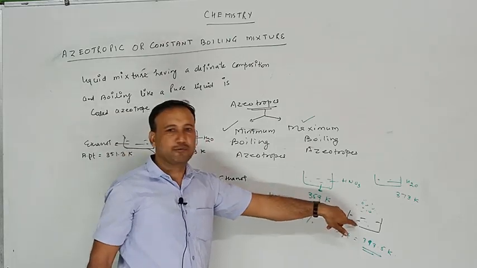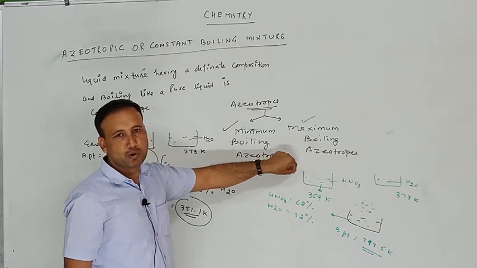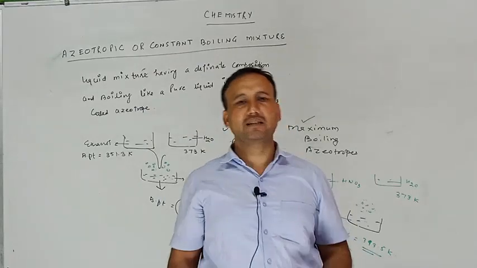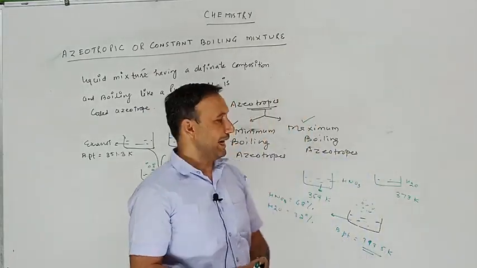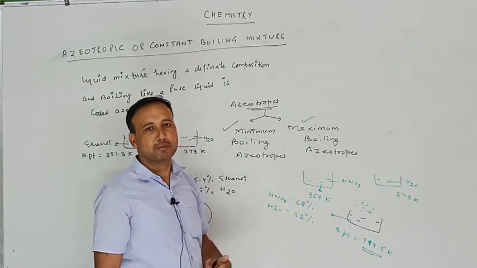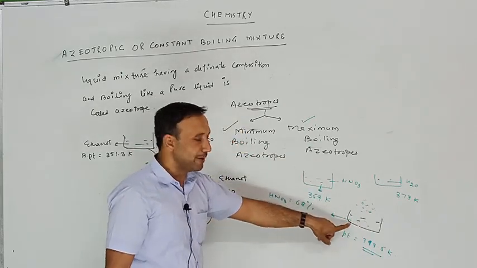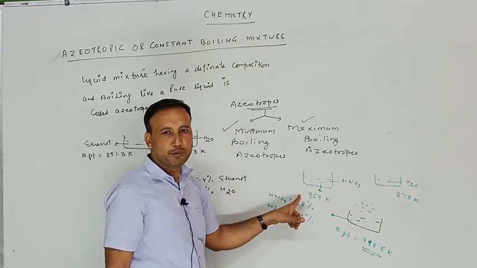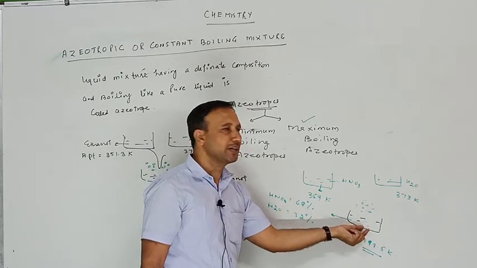And if the boiling point of the liquid mixture is higher as compared to either of these pure components, then the vapor pressure is less. Because the higher the boiling point of the liquid mixture, the lesser the vapor pressure. And the lesser the vapor pressure, the more temperature is required to boil a liquid mixture. So this type of liquid mixture has a higher boiling point as compared to either of these two pure components, because this liquid mixture has higher intermolecular forces.